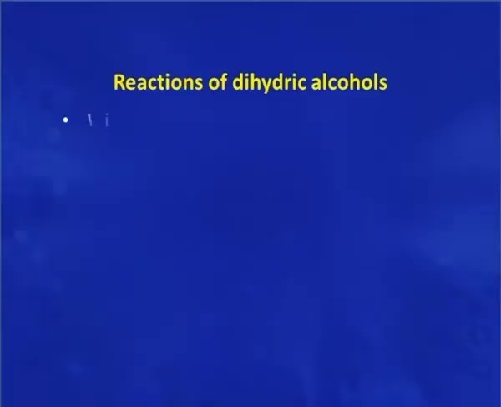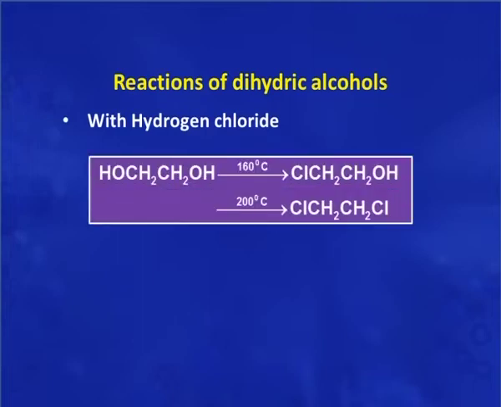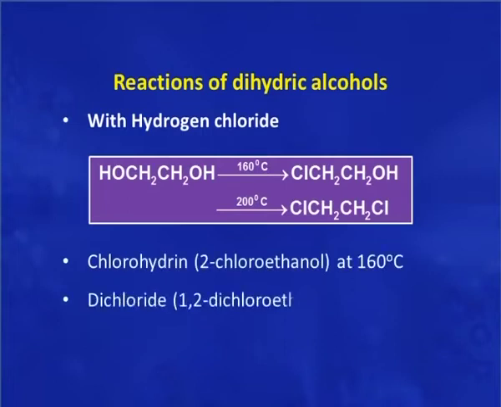When ethylene glycol reacts with hydrochloric acid or hydrogen chloride, we see again the same trend: at about 160 degrees centigrade only one of the hydroxy groups is replaced, but if we keep on heating to 200 degrees centigrade, then both the hydroxy groups are replaced and we get ethylene dichloride. Now, this reaction is an example of a nucleophilic substitution reaction in which chlorine is replacing hydroxide.